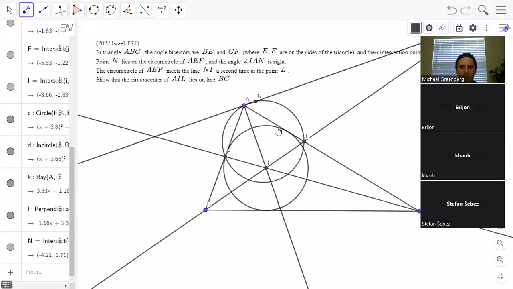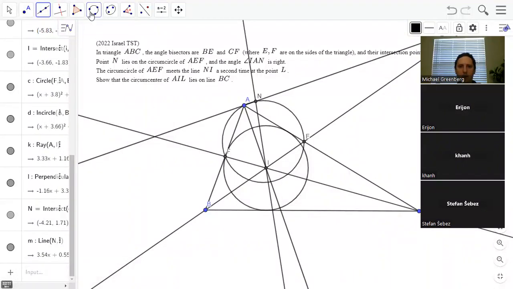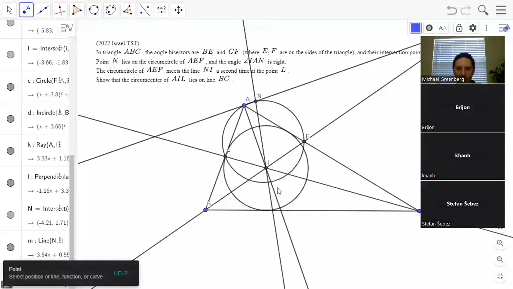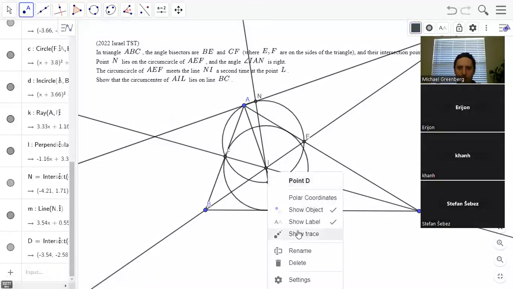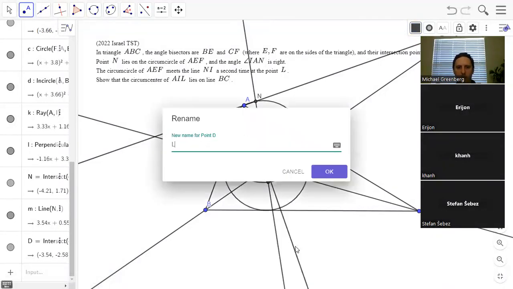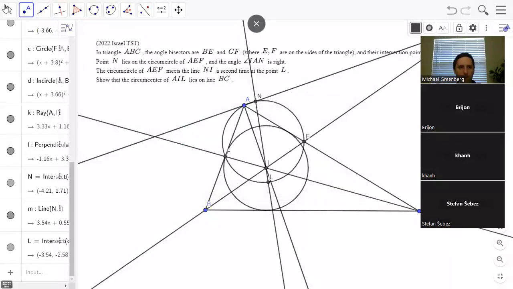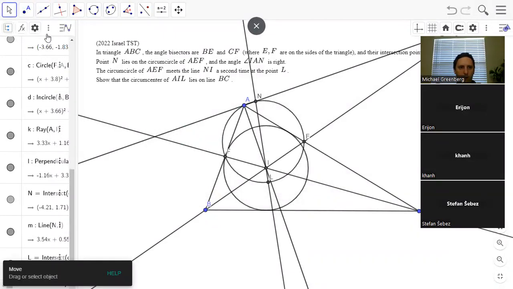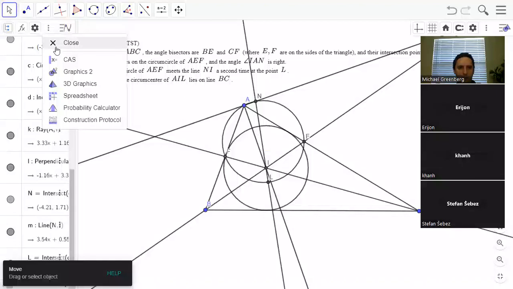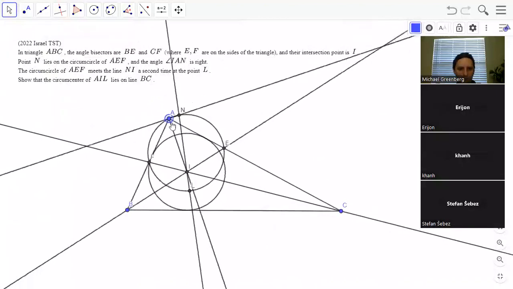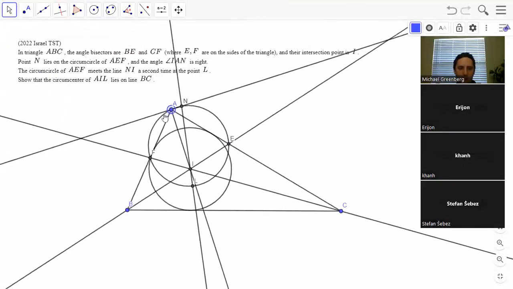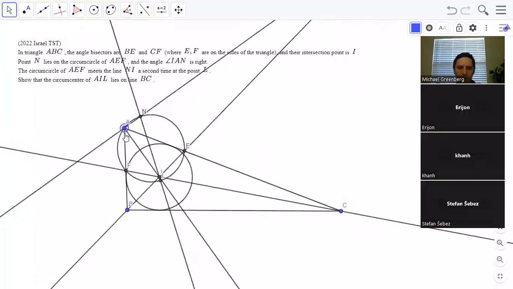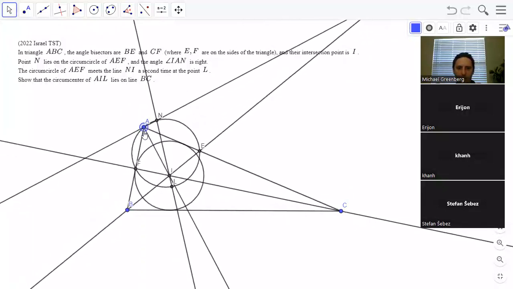The circumcircle meets line NI at L. And we want to show the circumcenter of AIL is on BC. Okay, so right now this looks kind of messy. Let's close this. How do we make AIL a little less obtuse? Because right now it's really, really obtuse.